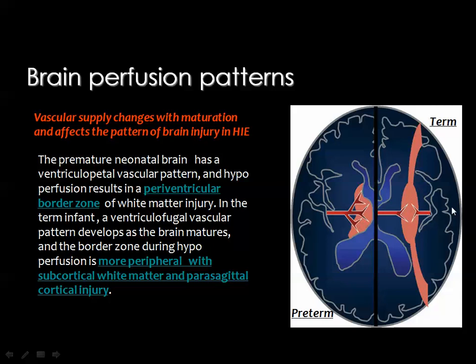While in the term infant, there is a ventriculofugal vascular pattern, which indicates that most of the insults will be within the gray-white matter region or somewhat away from the ventricular wall.